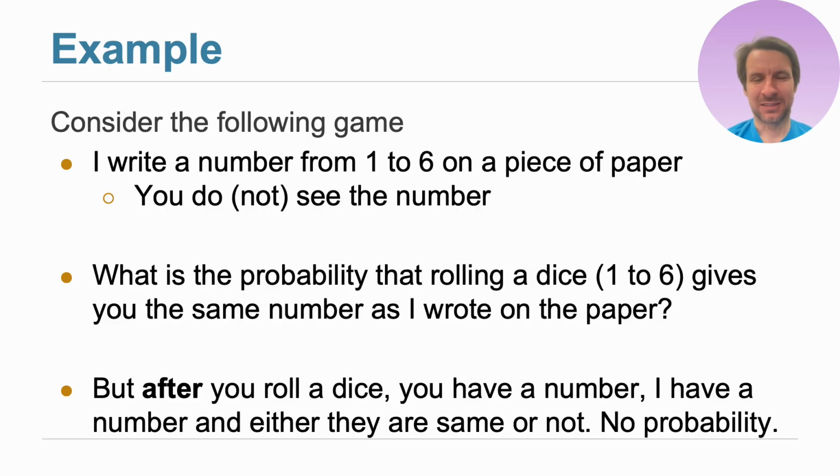Same with the confidence interval. The process of getting the confidence interval has a 95% chance that the interval in the end will contain the true mean. But once you have the interval, it doesn't mean that you have the mean in it.